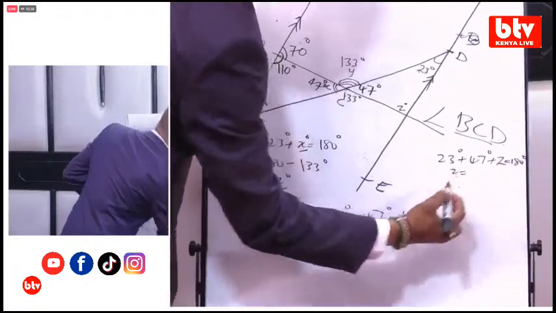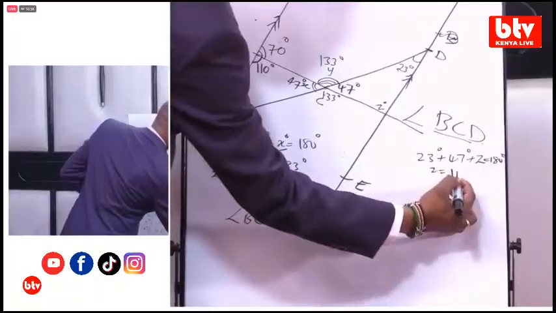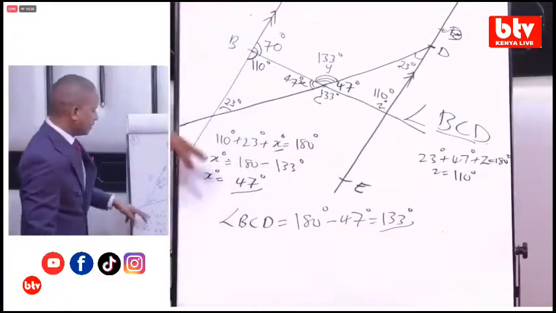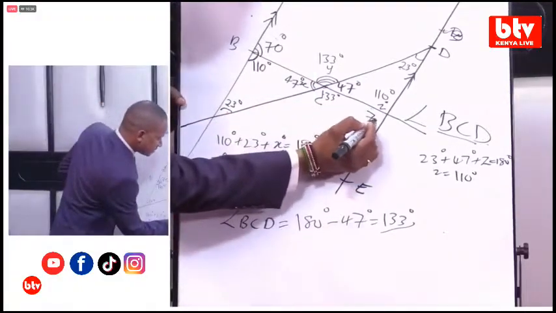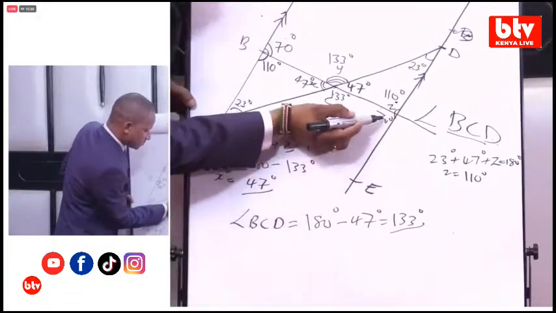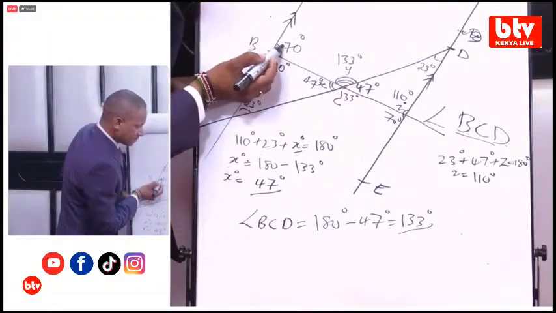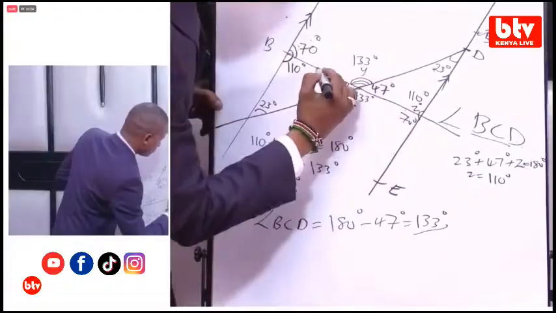So Z equals 110 degrees. Now, what is this angle? 70 degrees, because the angle is in a straight line. So this 70 is also alternate to this 70, because these are two parallel lines and this is a transversal line.